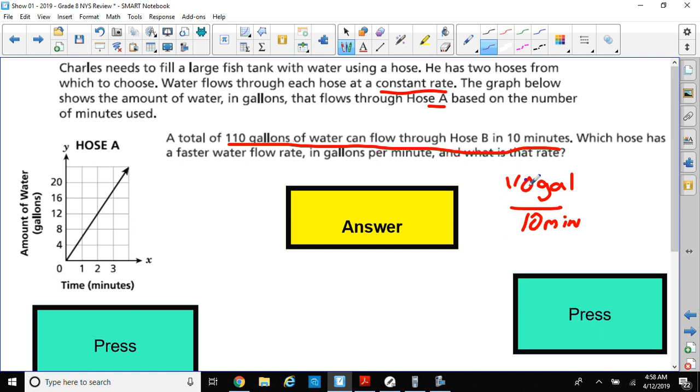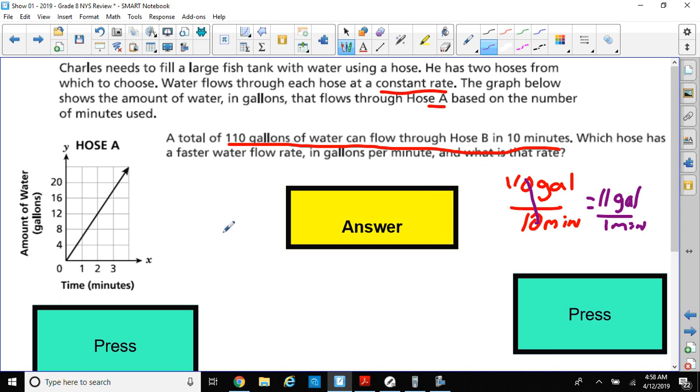All I got to do is just cancel out the zero there. That'll give me 11 gallons per minute in 1 minute. So I just figured out the unit rate or the constant rate of change for 1 minute. So that's 11 gallons in 1 minute.